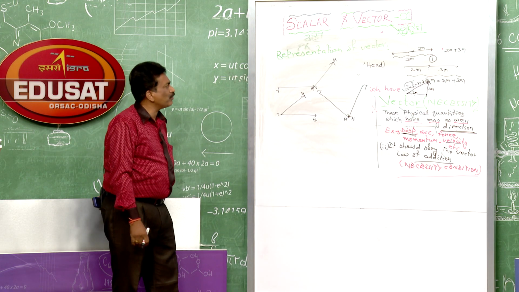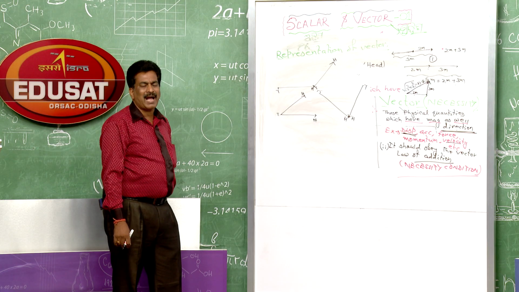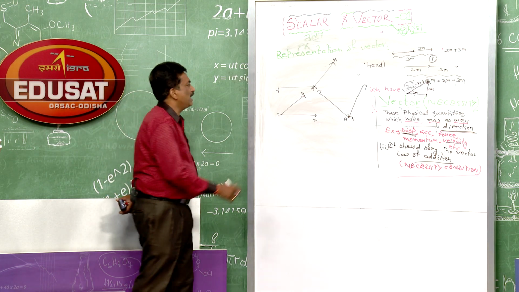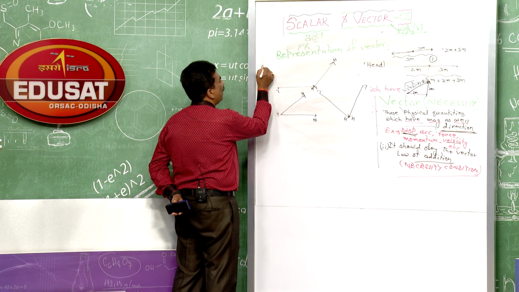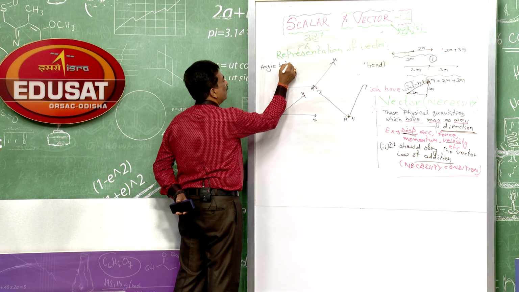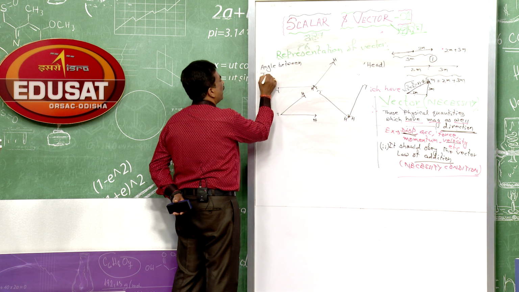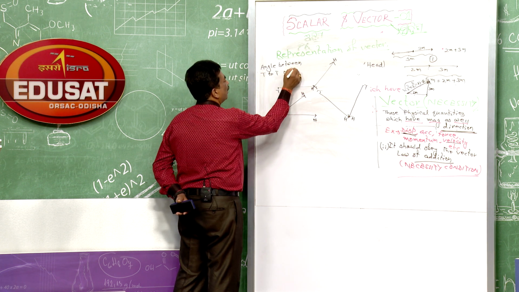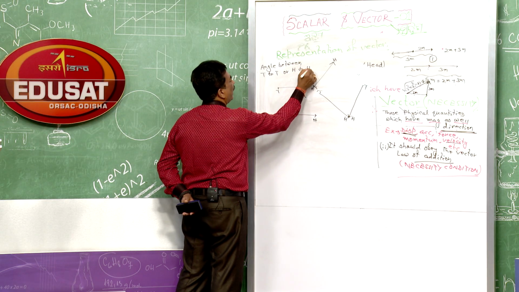So the angle between vectors means the angle between their directions, and it is to be taken between tail to tail or head to head.